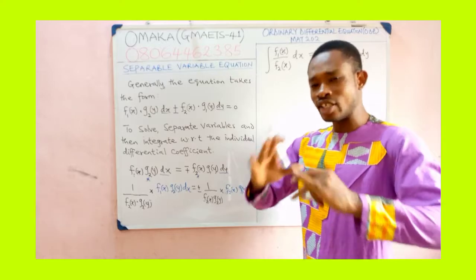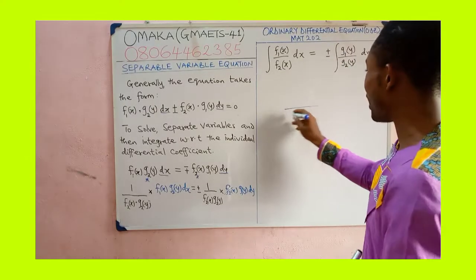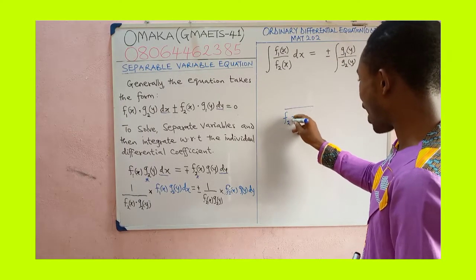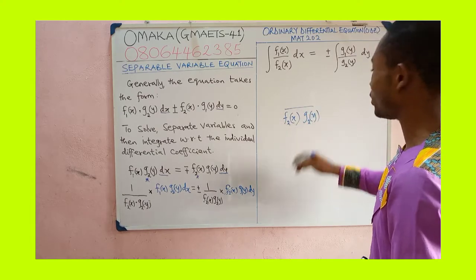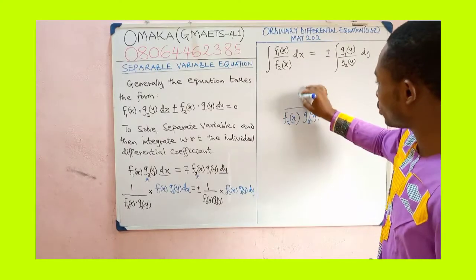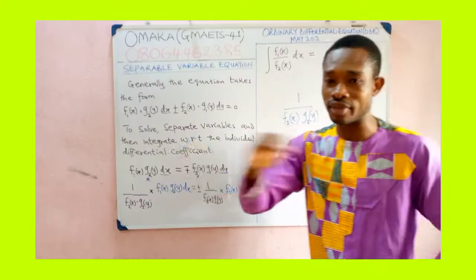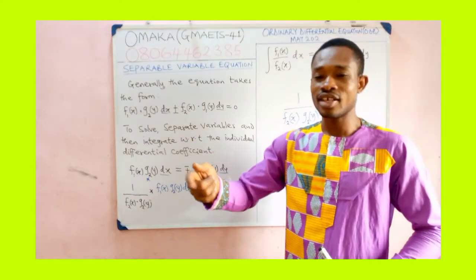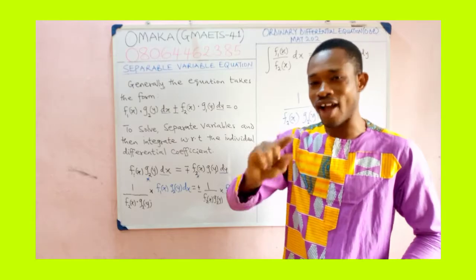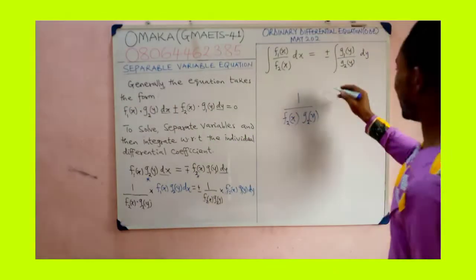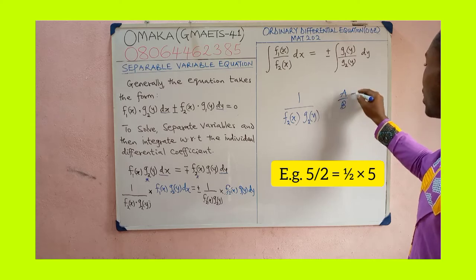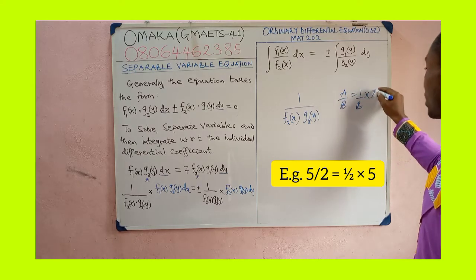Now, did you take note that in all, what I did was to divide by f2x and to divide by g2y? If I put 1 on top, if you're dividing something by another thing, it's the same as 1 over that other thing times the something. Look at it: a divided by b is the same as 1 over b times a.